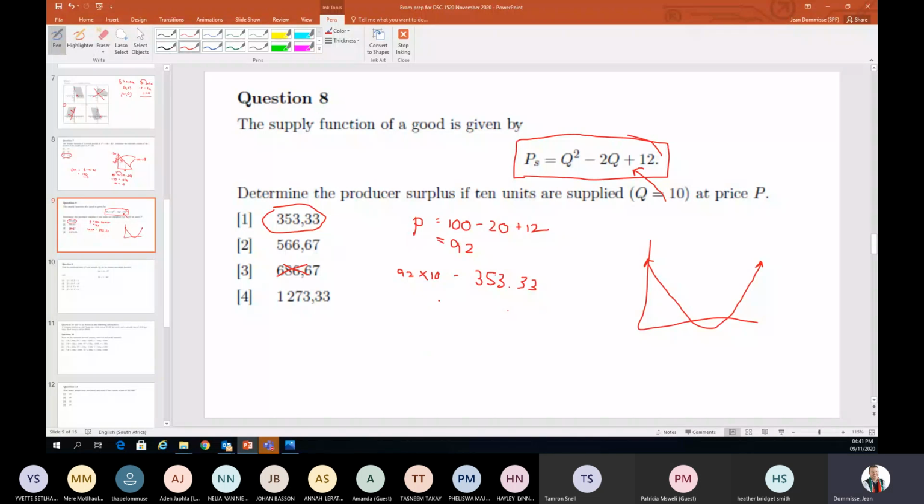Basically your answer will be 566.67. If you stopped with that, you would have gotten the wrong option. If you subtracted the 2, you would have gotten the right answer. If you added the 2, you would have actually had another option.